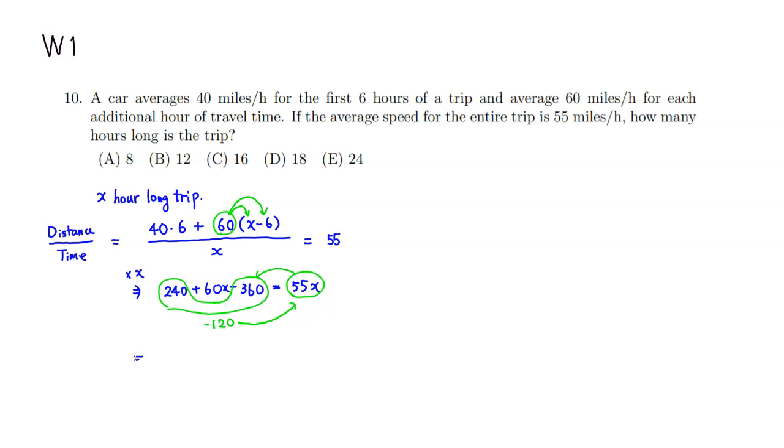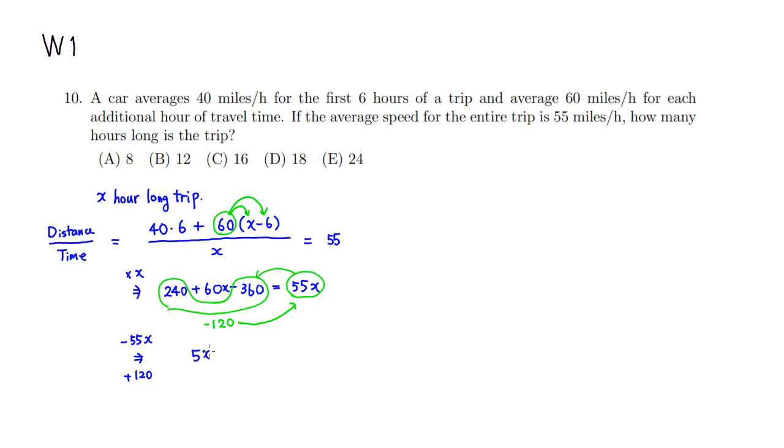First we have to move 55x over to the left-hand side. We can do that by subtracting 55x. And I have to move negative 120 over to the other side, so you can just add 120. What do we get? 60x minus 55x is going to give you 5x.